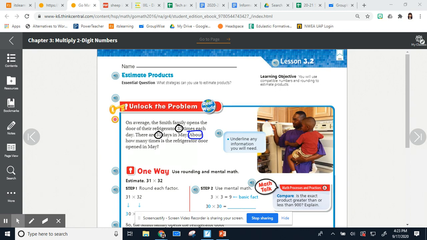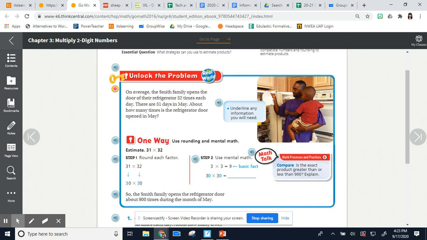So let's take a look here. We are taking the numbers 31 and 32 and rounding them to the nearest 10. So 31 becomes 30. 32 also becomes 30. Then we're going to take those two numbers and multiply them.